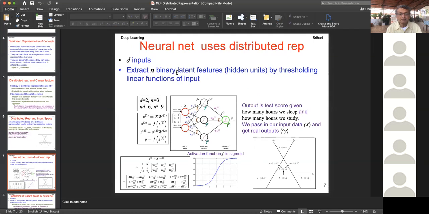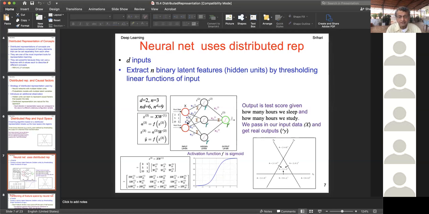And we have n binary latent features corresponding to these. And we say, okay, in this case, n equals 3. And in this case, we are defining that as being thresholded by this function, which is a sigmoid function, which has this shape shown below here. That's a sigmoid function, which goes between 0 and 1.